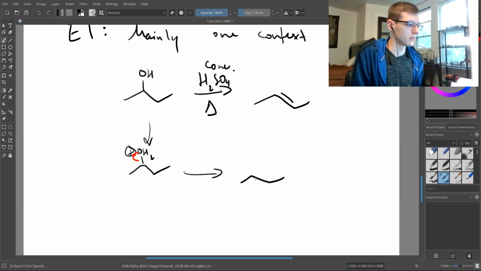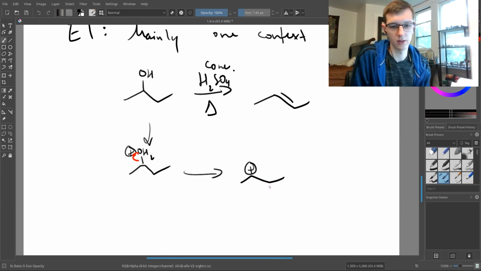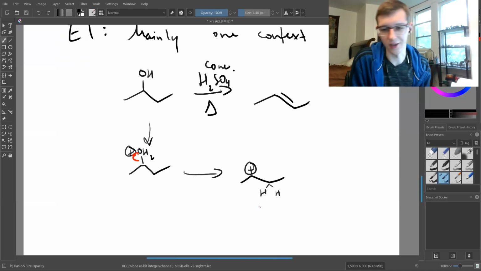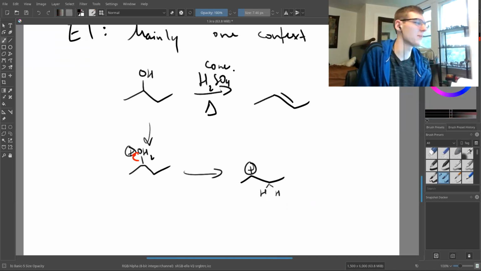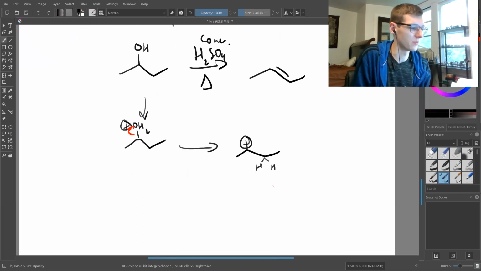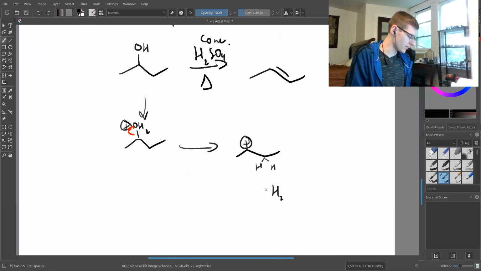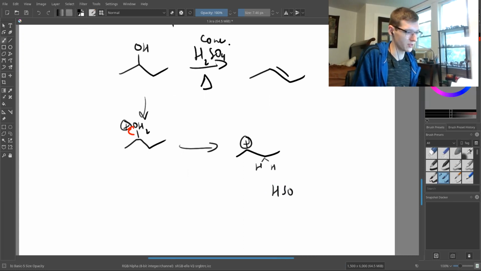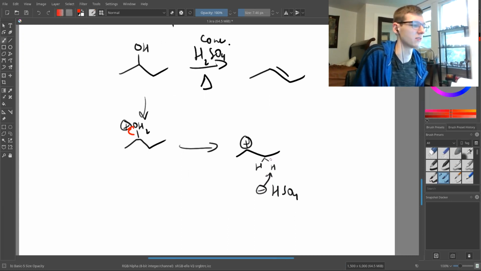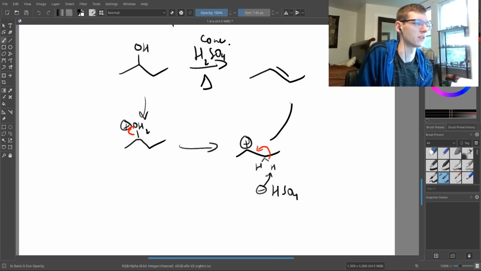Well, look, there's all these hydrogens. So what happens is you take the conjugate base of whatever you used, in this case it'll be like this thing, and then it'll just pull one of these hydrogens off. And those electrons are going to go here and they're going to make this double bond.